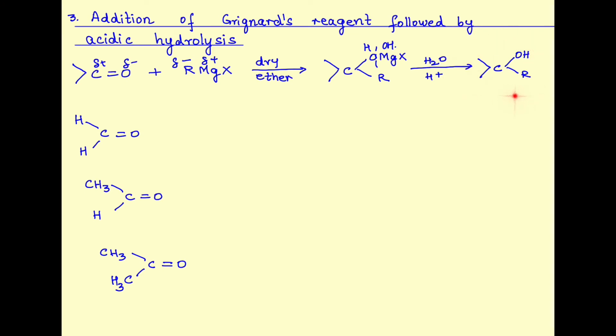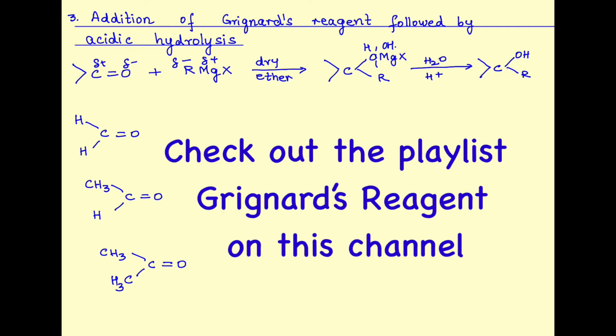What functional group? Yes, it's an alcohol. What type of alcohol are you getting in each of the three cases? Complete the reaction and tell me. I am not going to complete the reaction right away. I would want you to complete it and then we will match our answers.